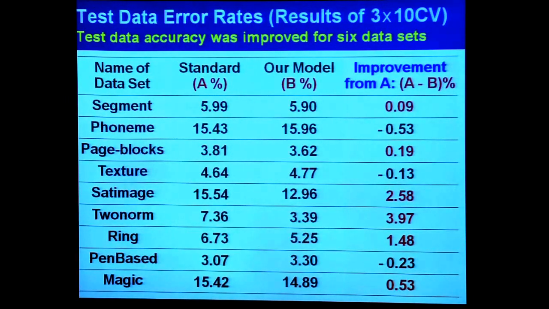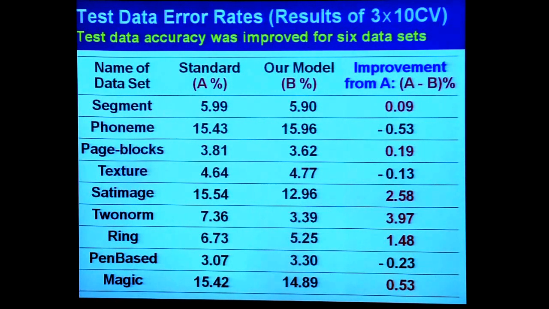I also examined the test data accuracy using a 10-fold cross-validation, 3 times 10-fold cross-validation. Then we calculated the difference between standard result and our model result. And this slide shows the result.